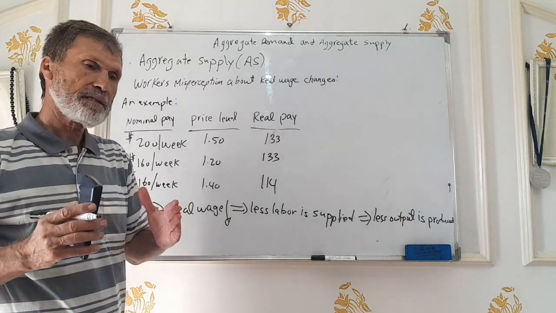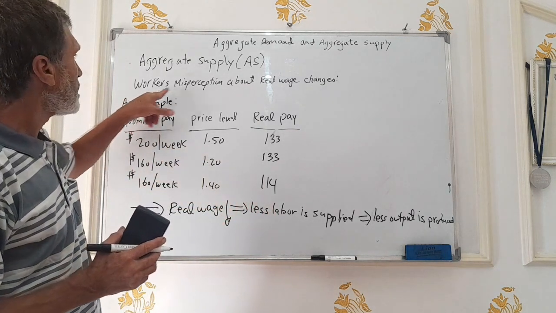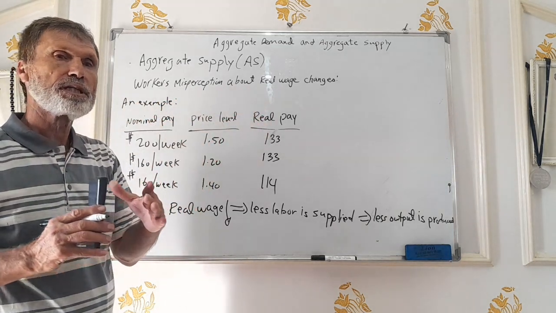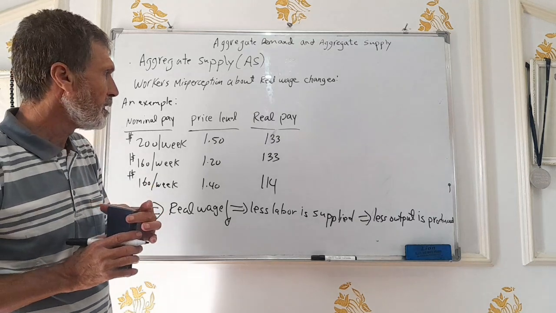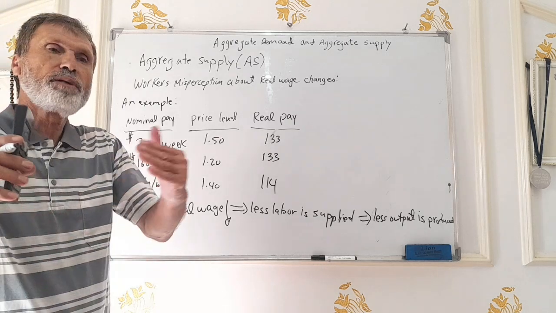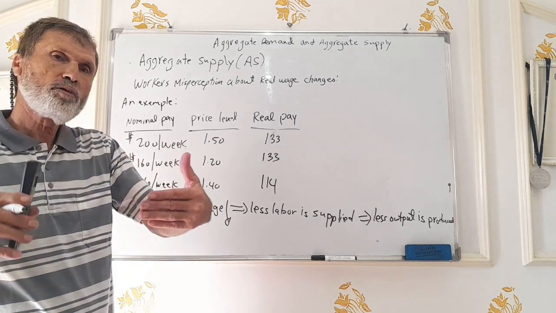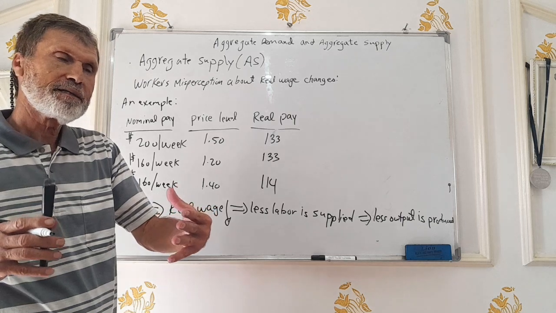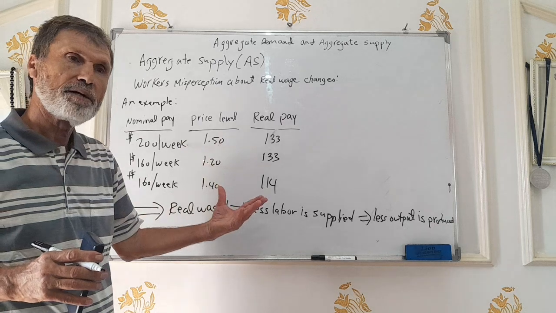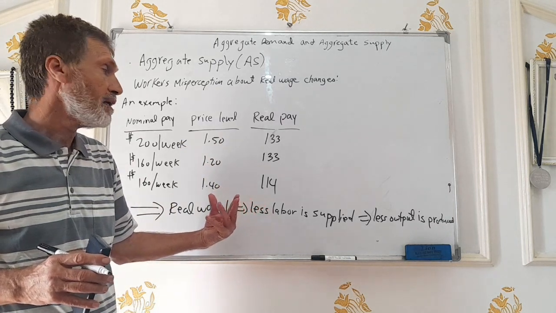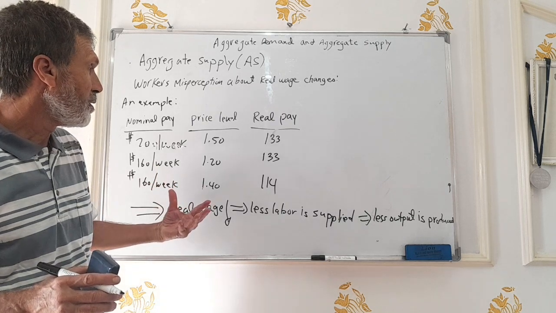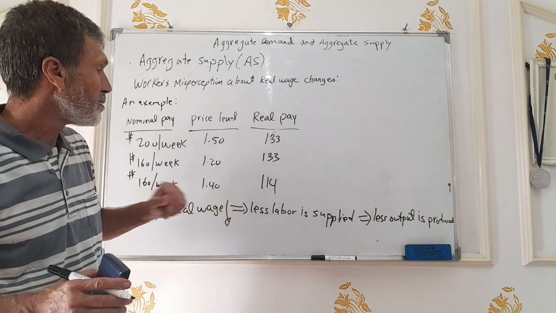So, as I said, sticky wages as well as workers' misperception about real wage changes provide an explanation for the upward sloping of the short-term aggregate supply curve. And so, the workers' misperception about real wage changes will lead to a lower real wage according to their mistaken or misperceived idea about the real wage.